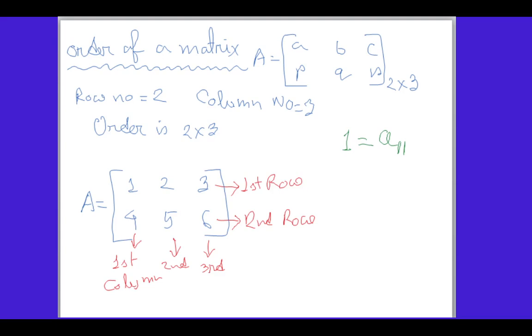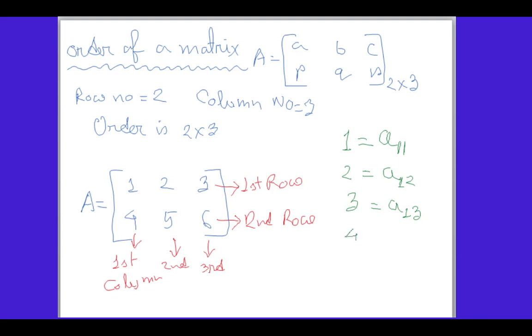Similarly, the position of number 2 is first row, second column. Number 3 is first row, third column.